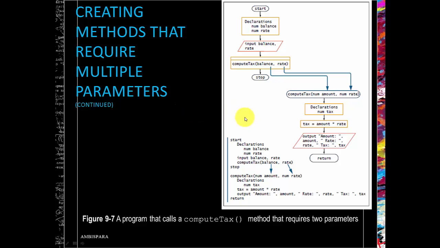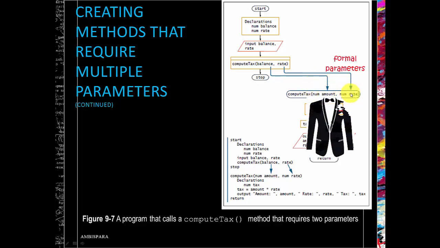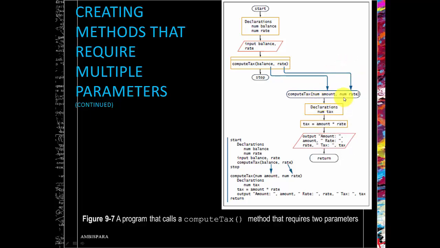So let's have a look. Just a small little program here where we compute the tax. We input the balance, the rate, and compute tax is our method, which receives 2 parameters. Now, these parameters here are called the formal parameters, meaning that we have written them, they're formal, they're important, this method here is portable, so everything's formal about it, if that makes any sense.